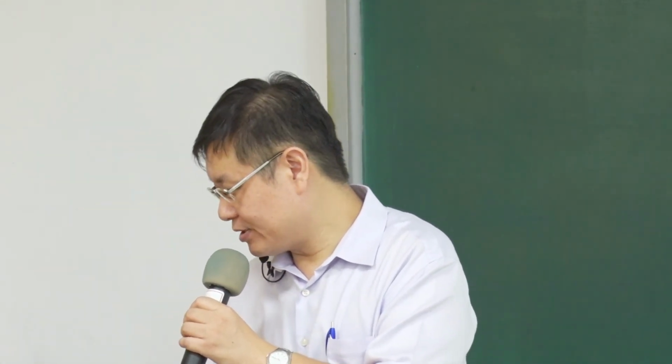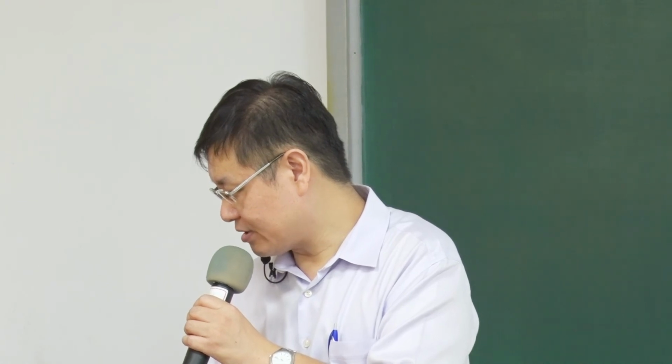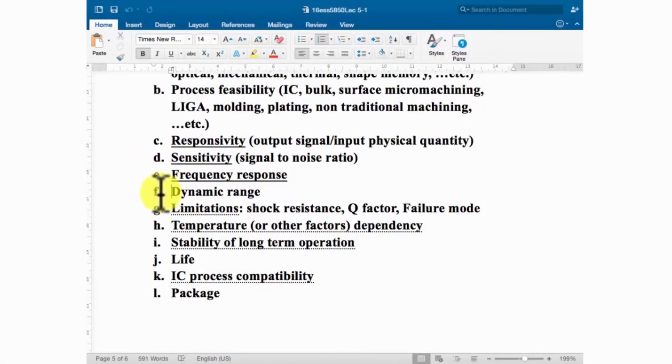Just keep in mind the four important ones: responsivity, sensitivity, frequency response, and dynamic range. I think these four are the most important, and how you understand them matters. Others we will talk about a little more later, when we encounter those questions.